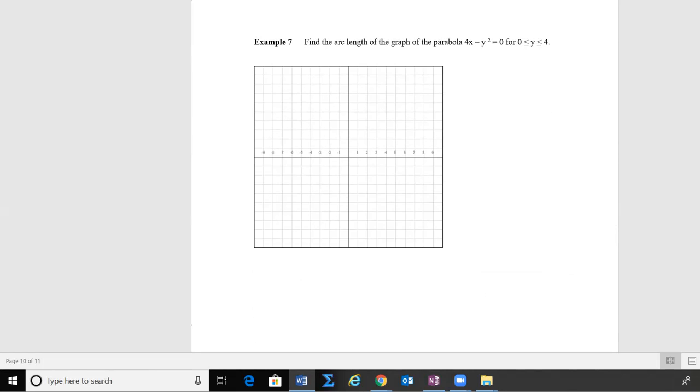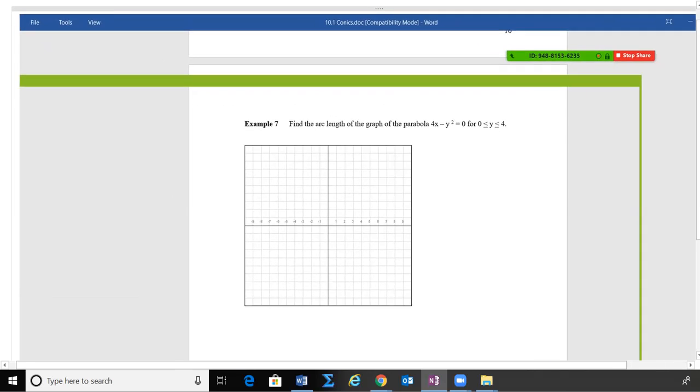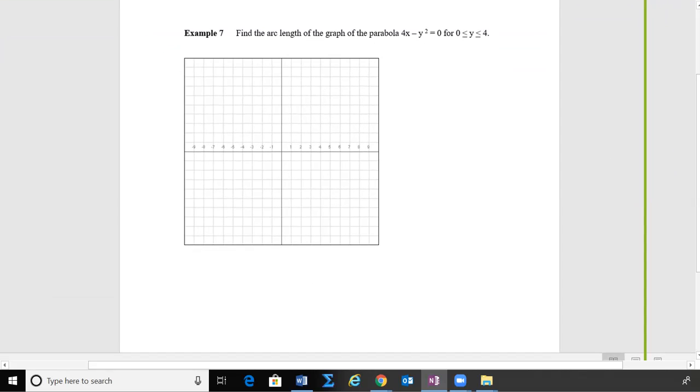Okay, here's the problem. Back here. Okay, there's our problem. You can find the arc length for this one. So you don't really need a picture, but of course we could get one, and we should, I guess, maybe just practice a little bit.